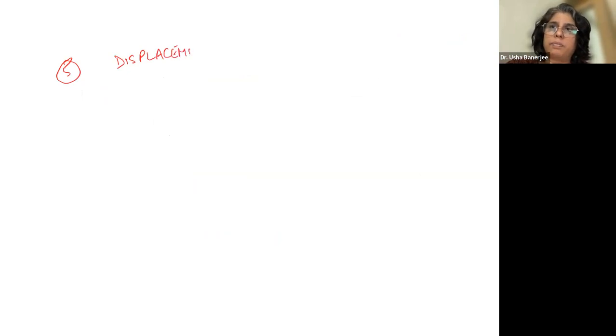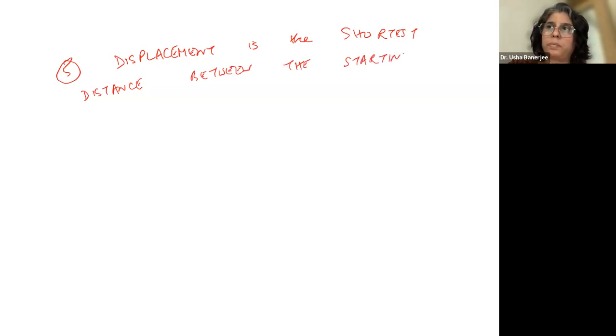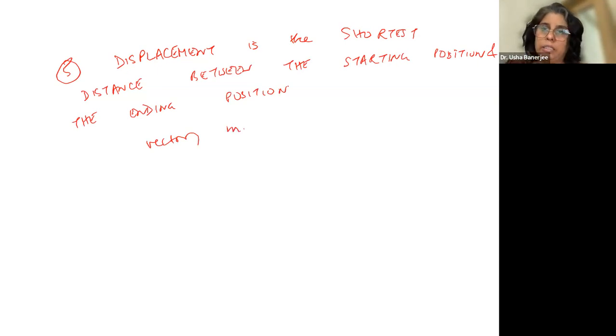Displacement is the shortest distance between the starting position and the ending position. What does this mean? And it is a vector quantity and the unit is meter. What does this mean?